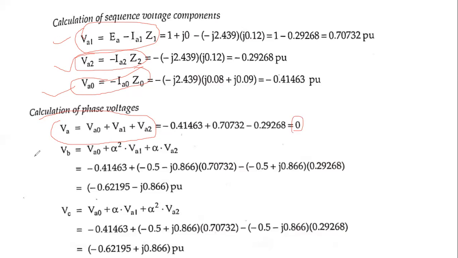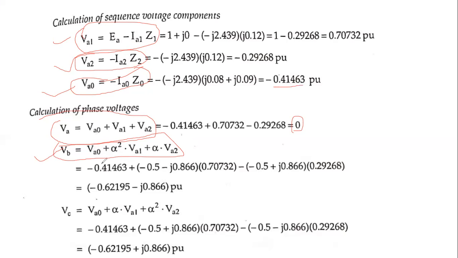Similarly, we calculate VB. We are already well aware of the VB formula: VA0 plus alpha square into VA1 plus alpha into VA2. VA0 is already calculated.